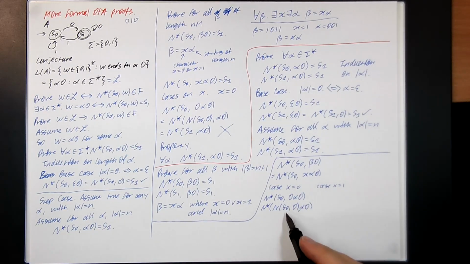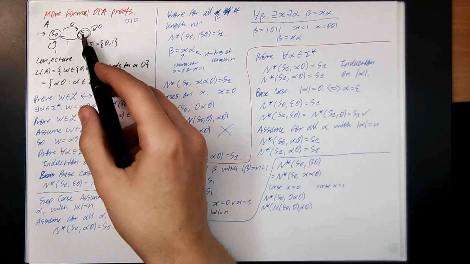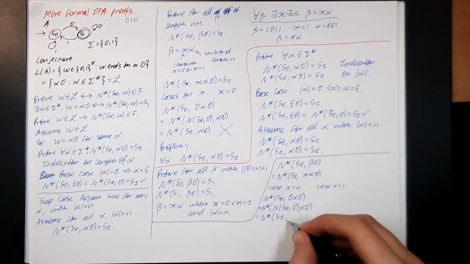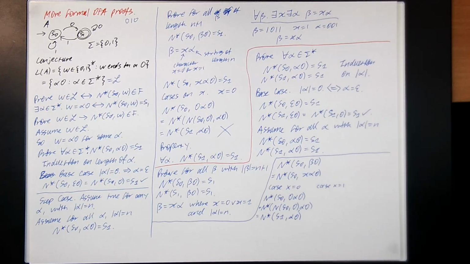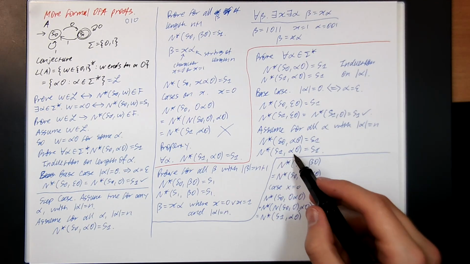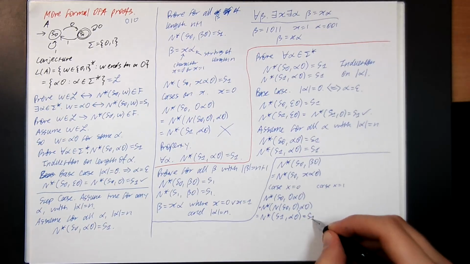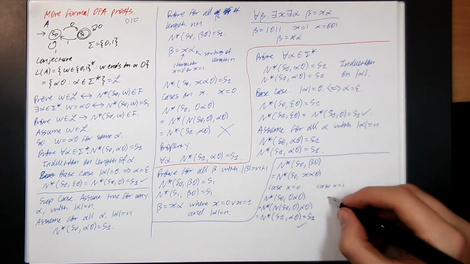If I'm in S naught and I read a 0, I go to S1, so S1 alpha 0. And now I can use my inductive hypothesis, right? Because I know if I'm in S1 and I read a string of length n, alpha, followed by 0, I stay in S1.